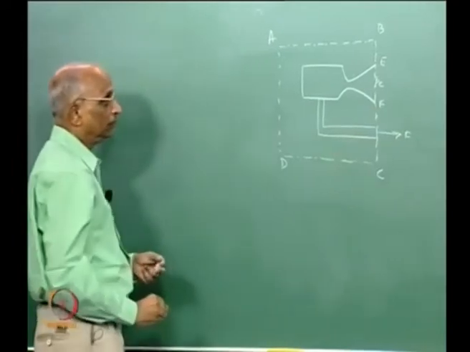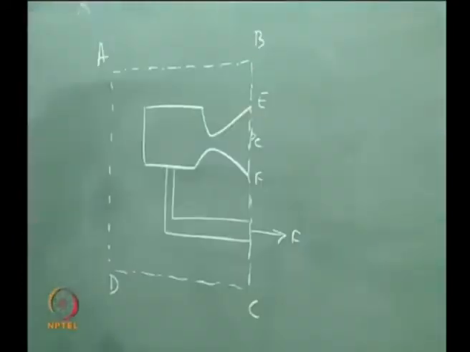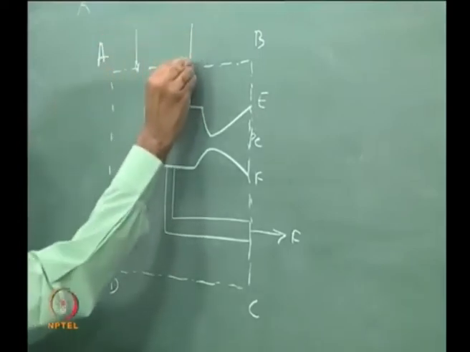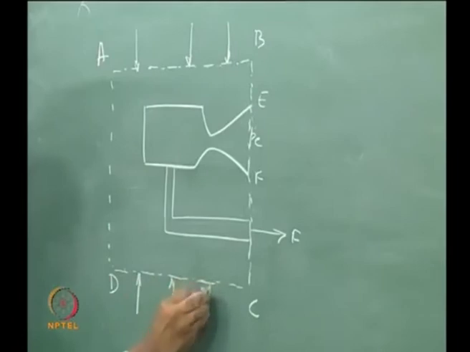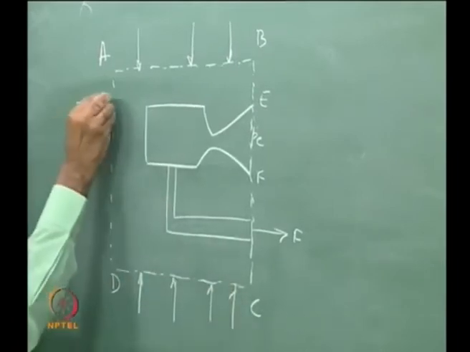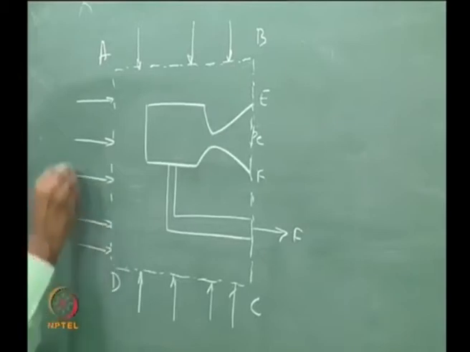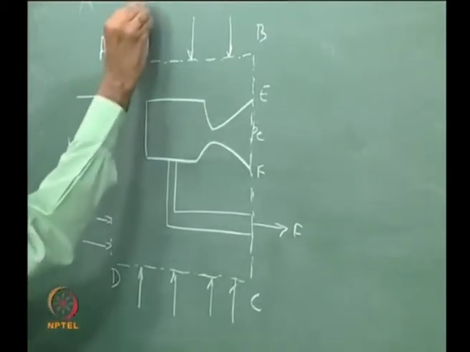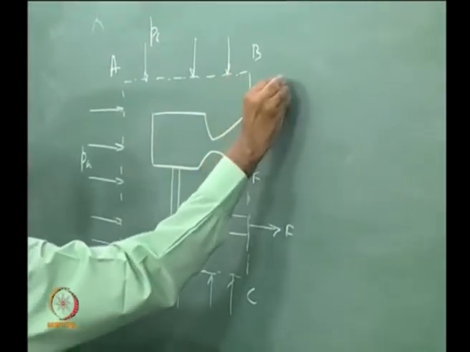Over here I find all along this the pressures are the same, and ambient pressure is acting over here. Similarly, ambient pressure Pa is acting over here, and ambient pressure Pa is also acting in this stretch.